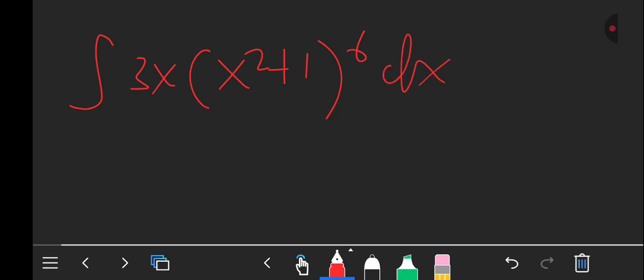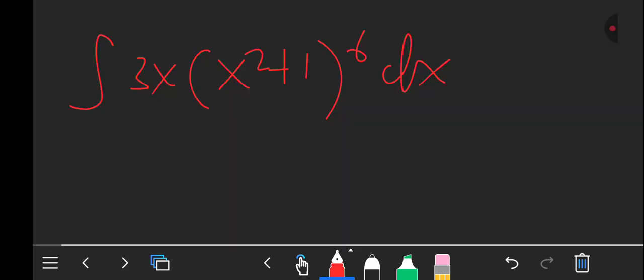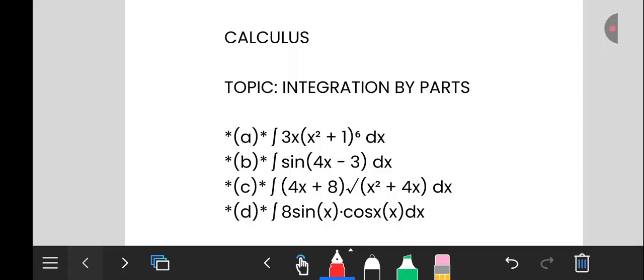So how can you integrate this by parts? What you need to do is let what is in the bracket be equal to u. Not by parts, sorry, by substitution. Did I say by parts? Okay. By substitution, not parts.